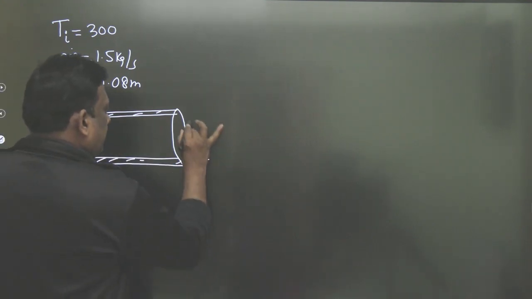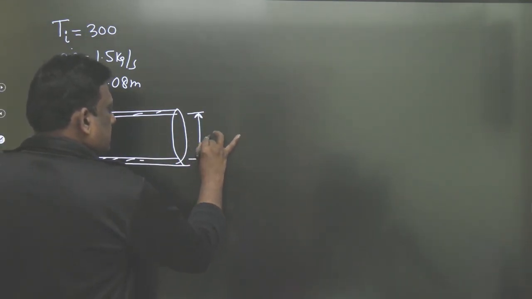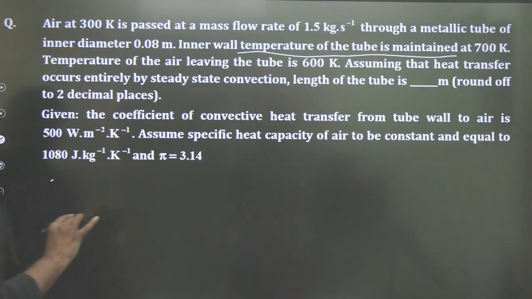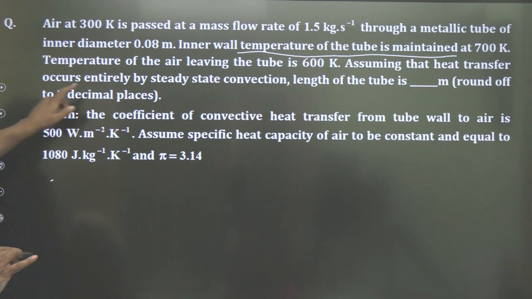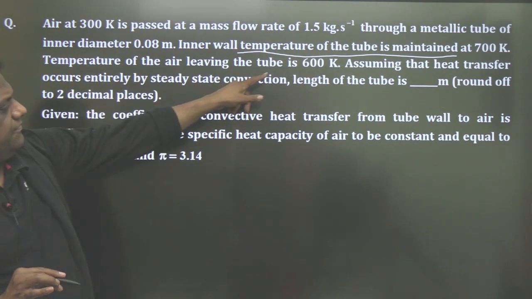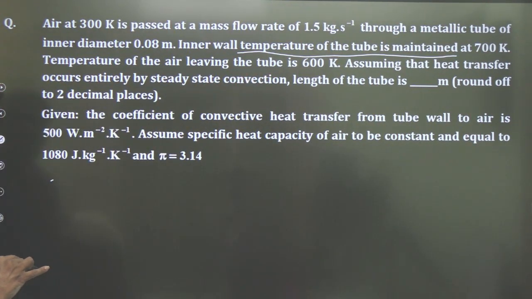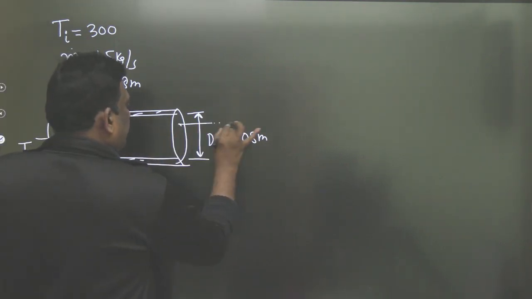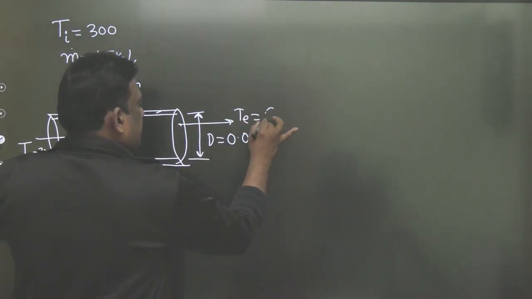The inner diameter is given as 0.08 meter, and the flow rate is given. The temperature of air leaving the tube is 600. The inlet temperature of air is 300, and the exit temperature is 600 Kelvin.